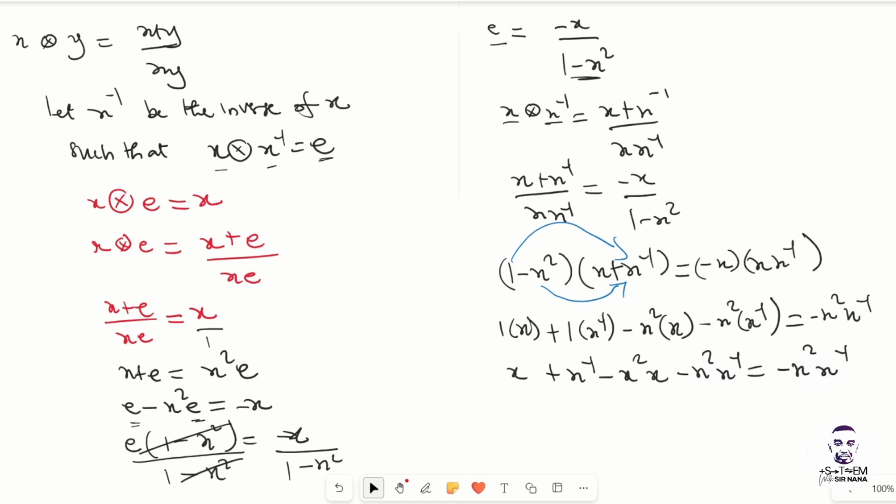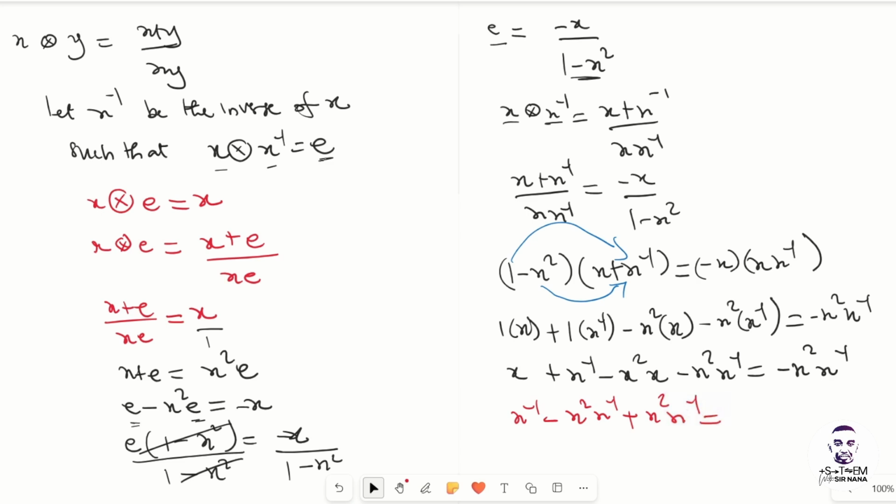So once we have this, the next thing we must do is to group all the like terms. So we'll put all the inverses at one side and put all the other variables at the other side. So let's look at the distinguishable here. So we have x inverse minus x squared x inverse plus x squared x inverse to be equal to, so we'll move all the other ones here.